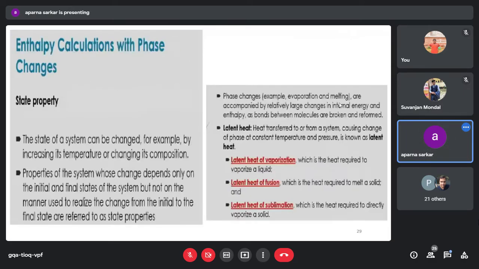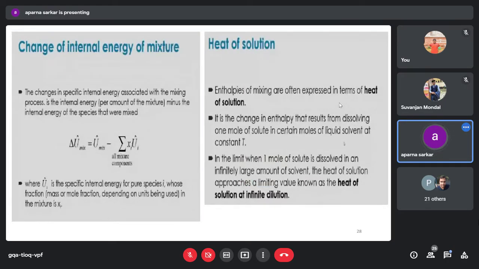So in this heat of solution, we just look at how the temperature changes, and from that we can understand how much heat a system produces. It is just a change in enthalpy. Enthalpy means the H value that results from dissolving 1 mole of solute in a certain mole of solvent at a constant T. Just the enthalpy of a solution is sometimes referred to as the heat of solution, or heat of dilution, you can say.